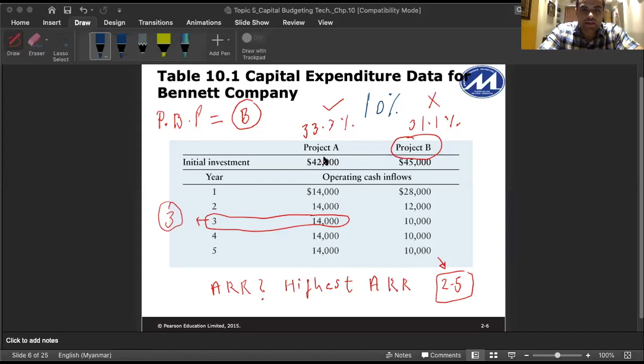So have you finished net present value? So which project should we select? Finished?